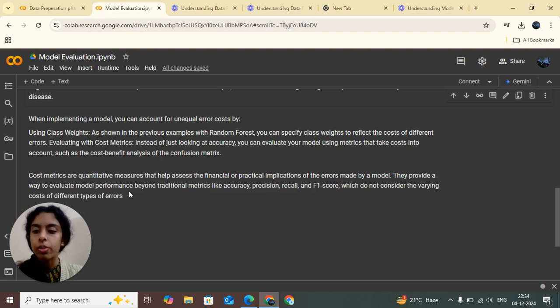They provide a way to evaluate model performance beyond traditional metrics like accuracy, precision, etc. that we had discussed earlier. The traditional metrics may not tell us about the cost, meaning the extent of effect the error is causing in our real world situation.